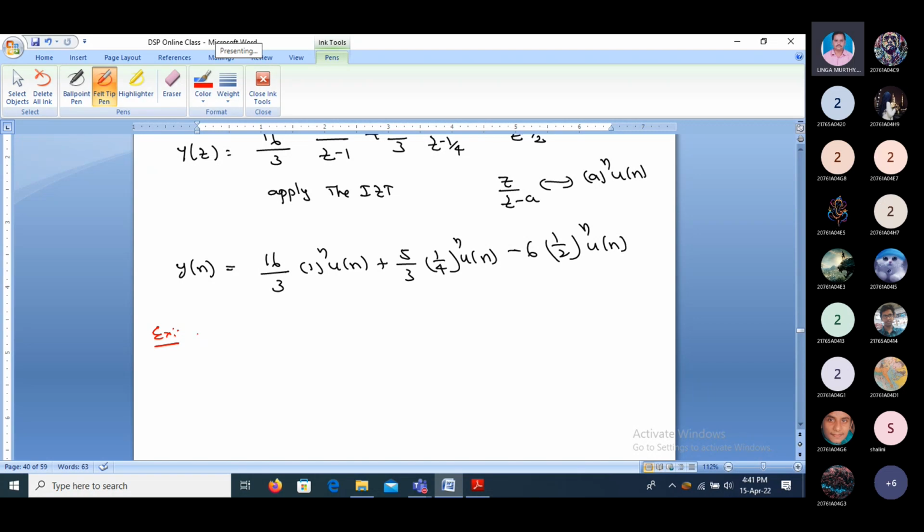I will give the clarity with one more problem. Determine the response. If they mention clearly, determine the response, impulse response or step response, they mention it clearly.